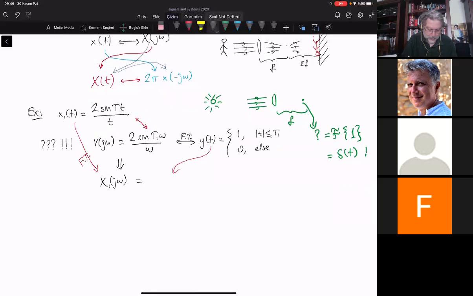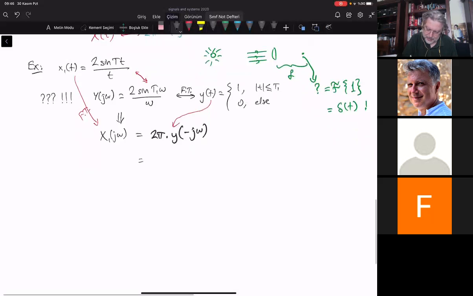It will be equal to 2 pi times y of minus, not t of course, because it's in the Fourier axis, minus j omega.